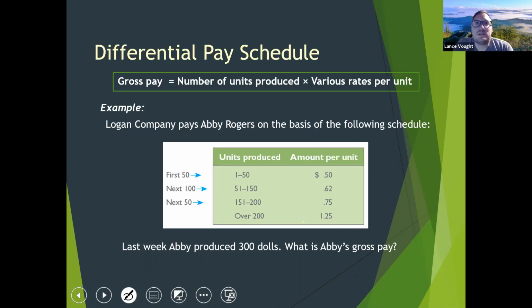Abby Rogers has a different pay scale where there's a range: if you hire her to produce a small quantity, then the per unit rate is lower. And then the more you produce, the higher the per unit rate, but this is marginal.